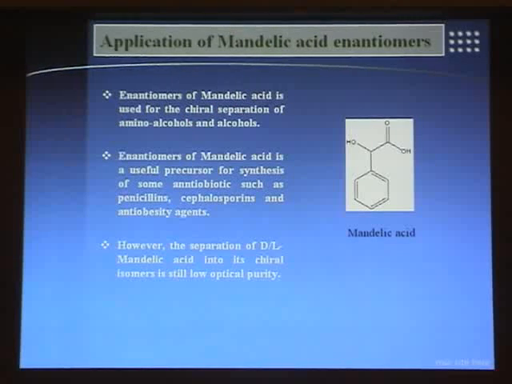And the second reason is that enantiomers of mandelic acid are useful precursors for the synthesis of antibiotics such as penicillin or cephalosporin, and they can be used as antibacterial agents. However, in my knowledge, the separation of racemic mandelic acid into chiral isomers has low applicability or low efficiency.